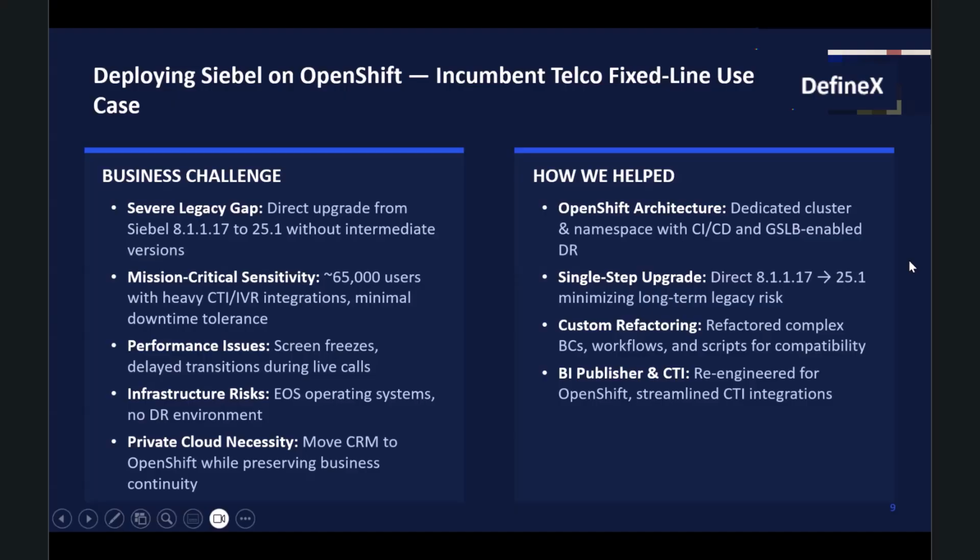So what we did was architecting Siebel on OpenShift, and we planned a single step upgrade from 8.1 to 25.1 to minimize long-term legacy risk. We did a lot of custom refactoring, resolving all the conflicts as you can imagine. There was also BI Publisher and CTI, which required re-engineering for OpenShift and streamlining for CTI integrations.